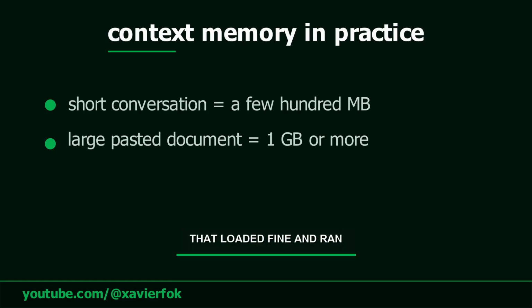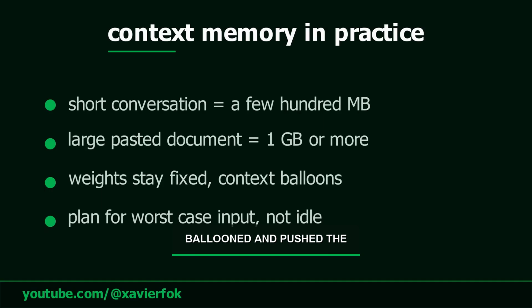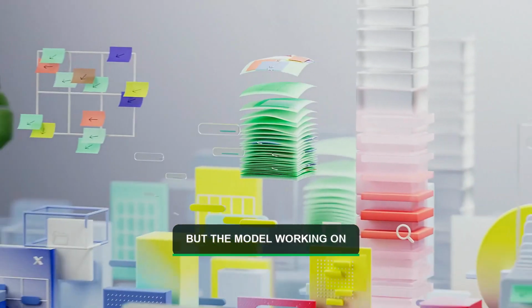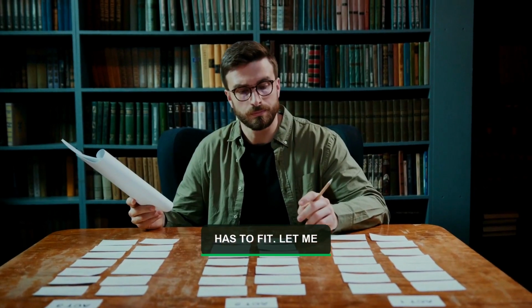That is why a model that loaded fine and ran fast suddenly chokes the moment you feed it something big. The weights did not change, but the context ballooned and pushed the total past your card. So when you plan, picture not just the model at rest, but the model working on your largest realistic input. That worst case is what has to fit.